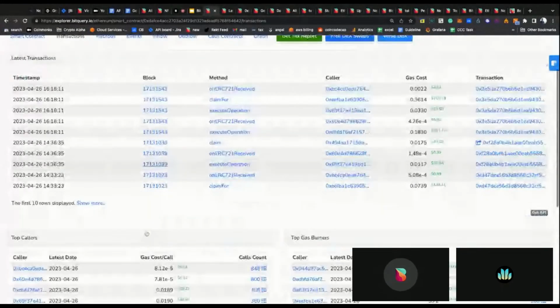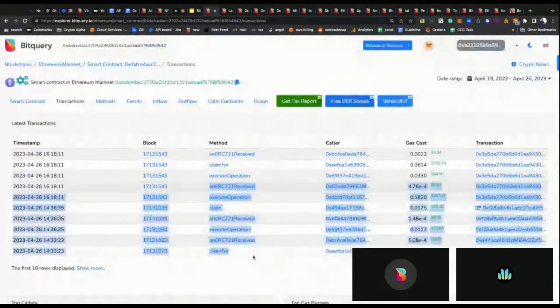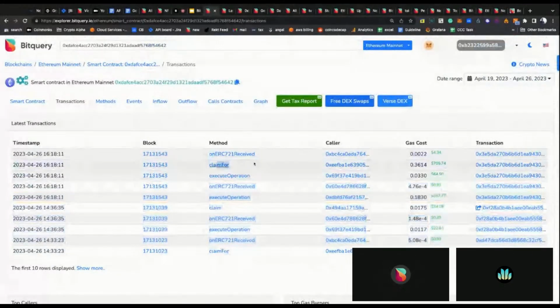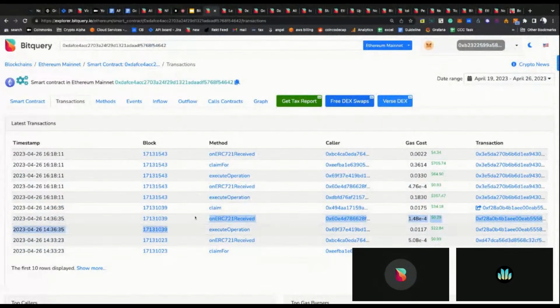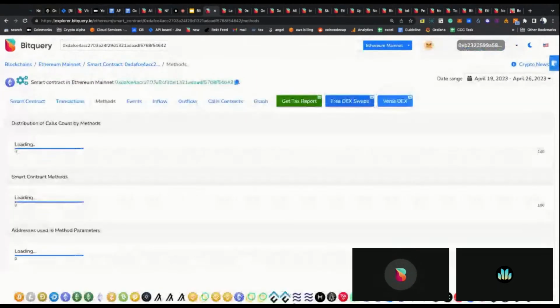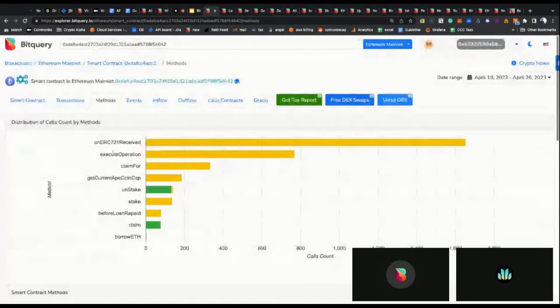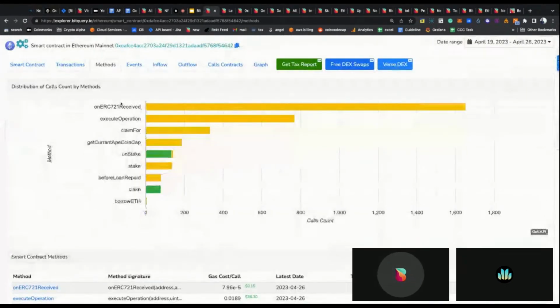For normal transactions, you see we parse method names by human readable name. This is pretty interesting, and we have almost enabled this for all the smart contracts, for all the data, if you have the data. So you see it's easy to read them if you understand the smart contract code.